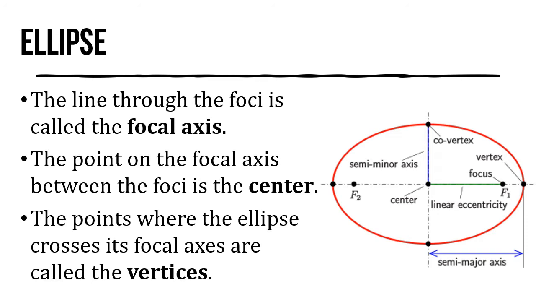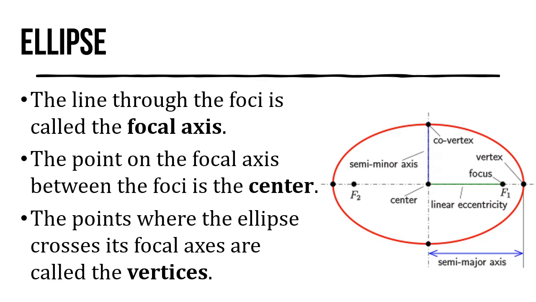The points where the ellipse crosses its focal axis are called the vertices. So here, the longer axis is the major axis, and the shorter axis is the minor axis.